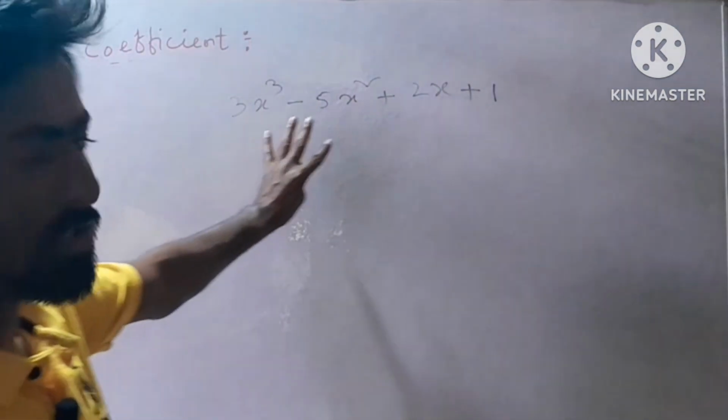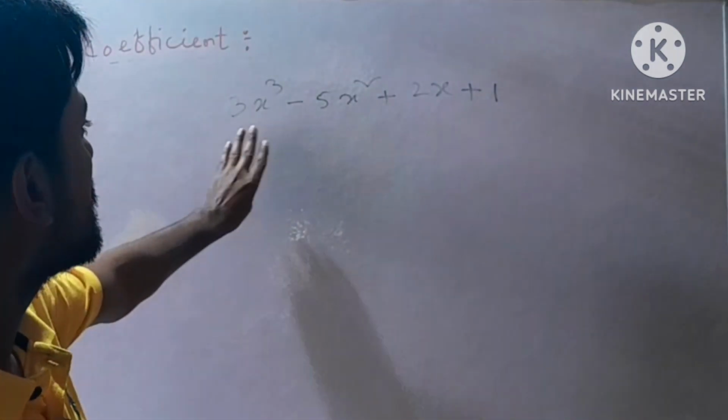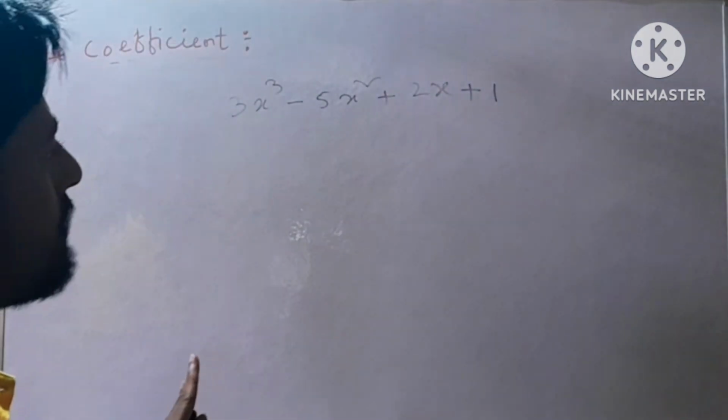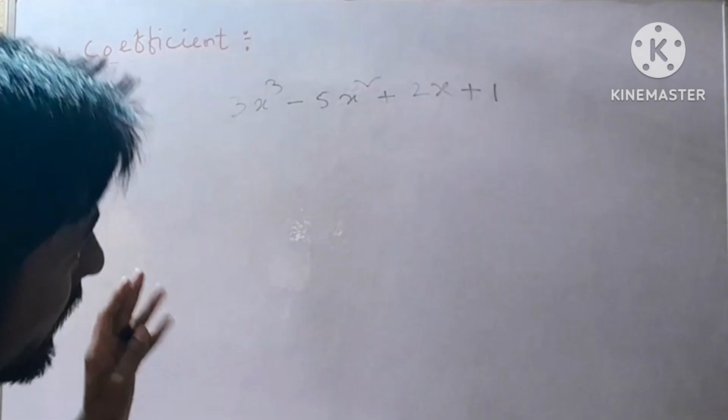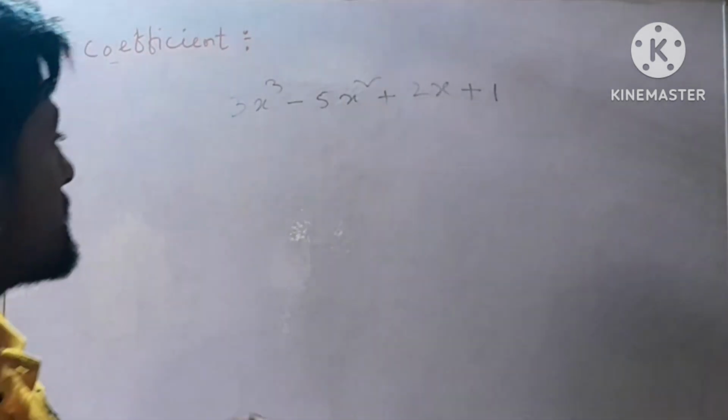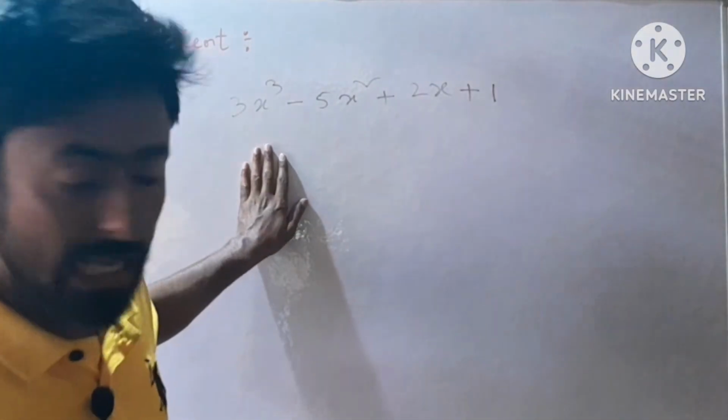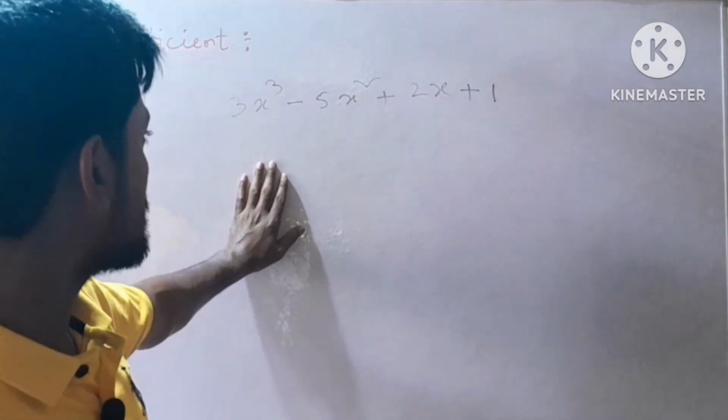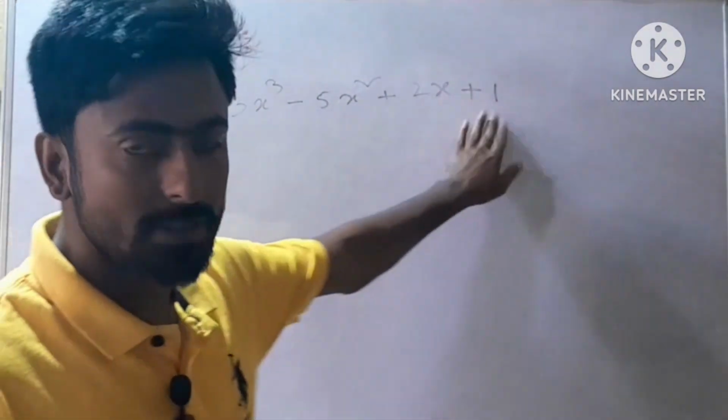Suppose we have considered a polynomial 3x cube minus 5x square plus 2x plus 1. Here variable is only one, variable is x. But how many terms are there? There are 4 terms.